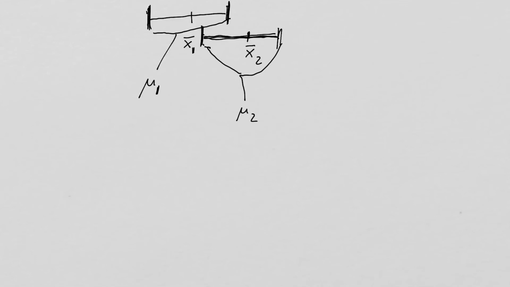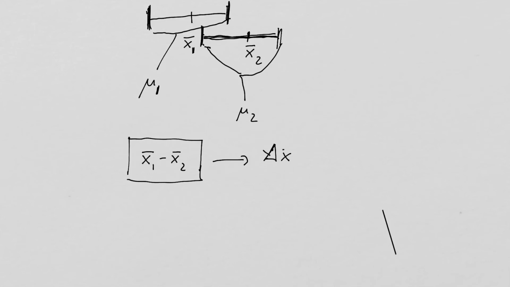But what we can do is calculate the difference between these two populations, or between the samples. We can treat this as a new sample, and I call it just delta mean.